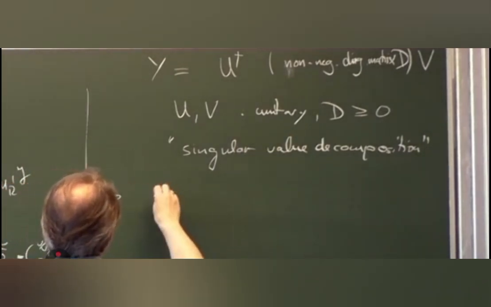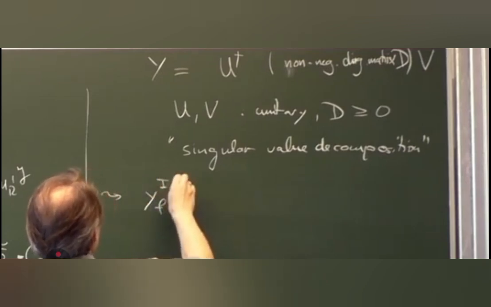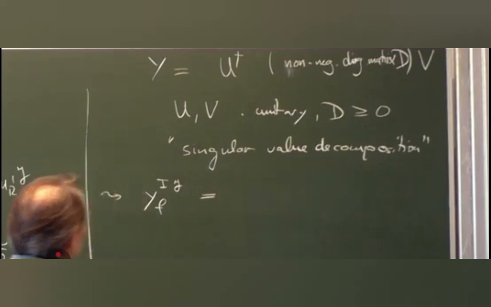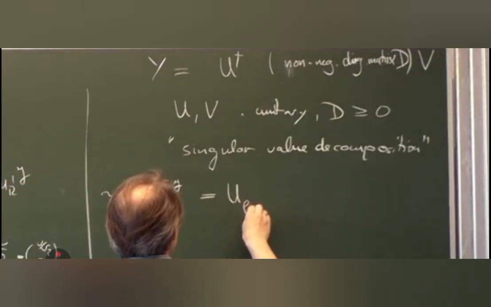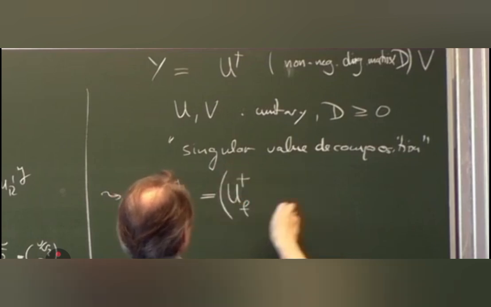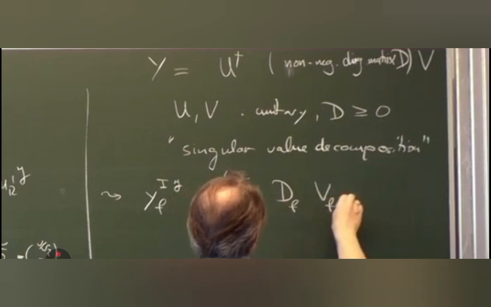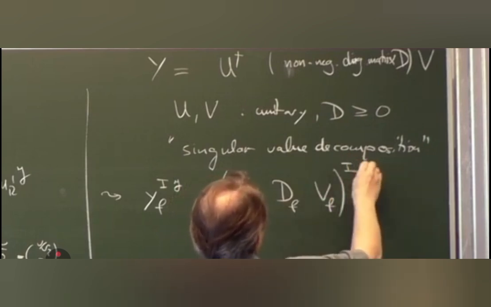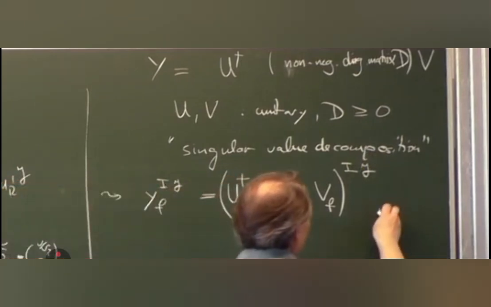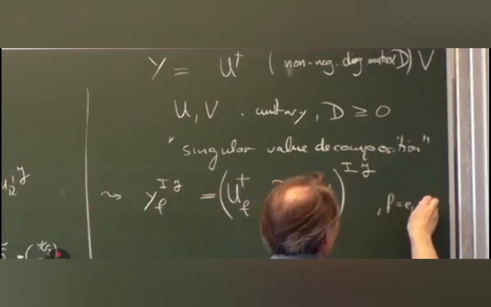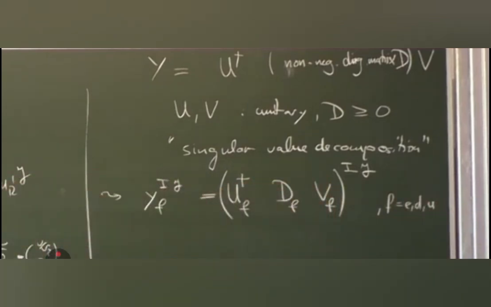So we obtain for each such matrix YF with indices ij, we can write them in this generic form: UF dagger times DF times VF with overall indices ij. And we can do that for the leptons, for the up-type quarks, and for the down-type quarks. We do such singular value decompositions.